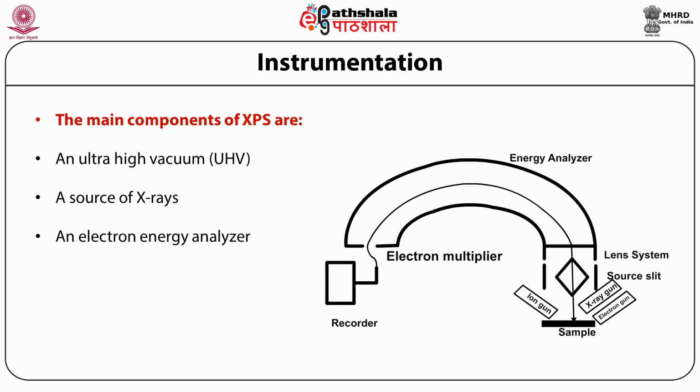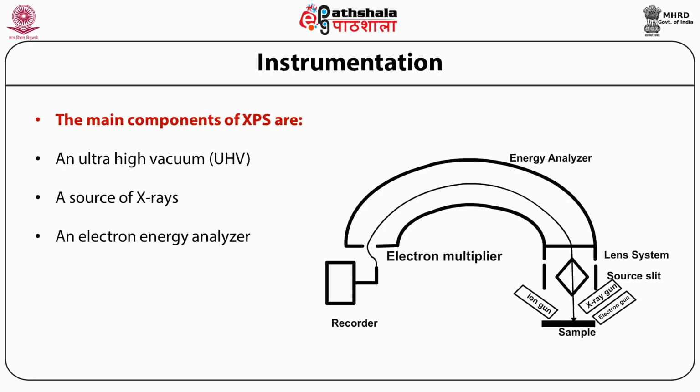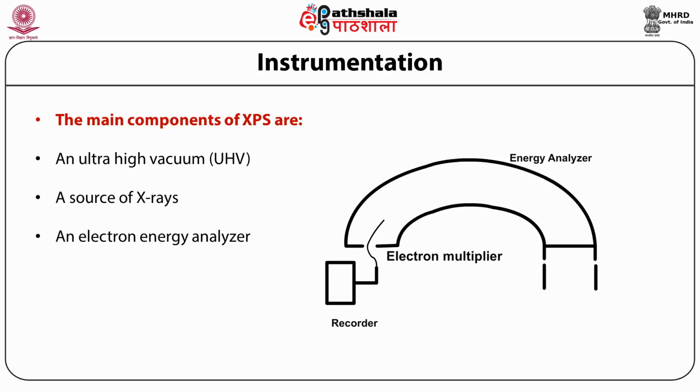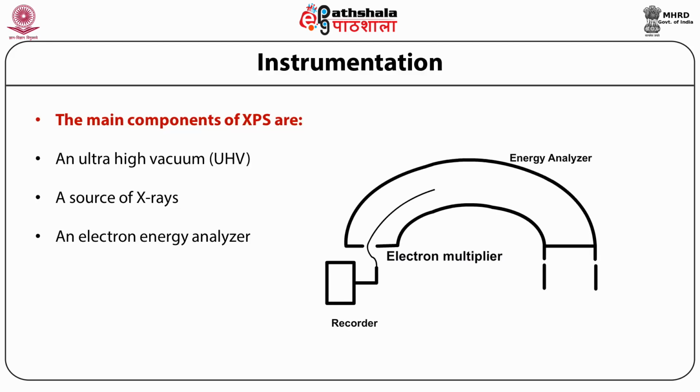The reason for using ultra-high vacuum is to reduce the chances of low energy electrons being scattered by gas molecules on their way to reach the detector, and to keep the sample's surface free from gas molecule contamination. Low energy photoelectrons and Auger electrons are easily scattered by gas molecules. Scattering will reduce the signal intensity and increase background noise in spectra.